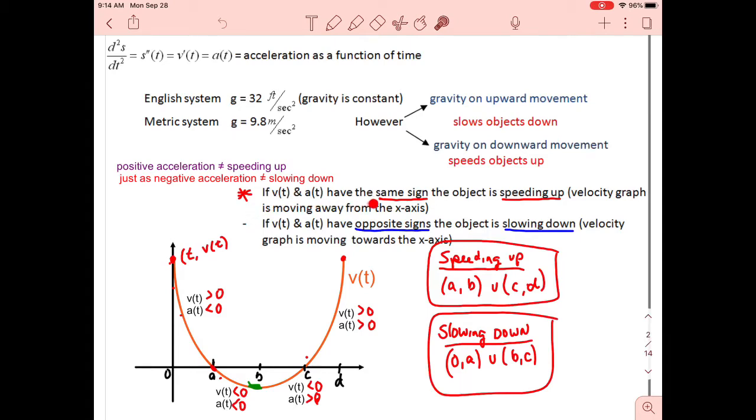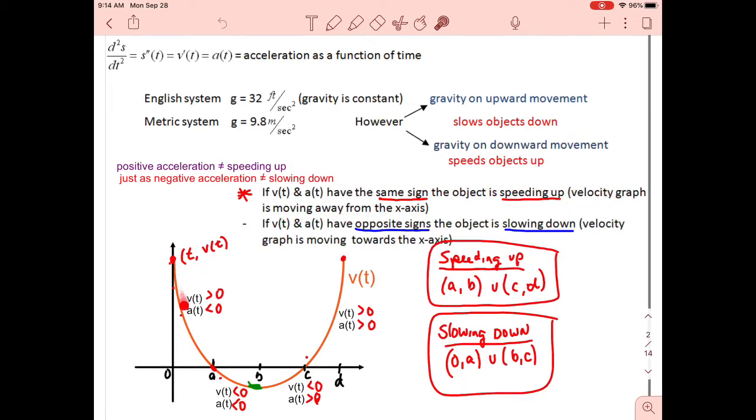When velocity and acceleration have the same sign, and I guess I didn't say earlier that acceleration also has a sign, negative or positive, the object is going to be speeding up. The velocity graph will be moving away from the x-axis.